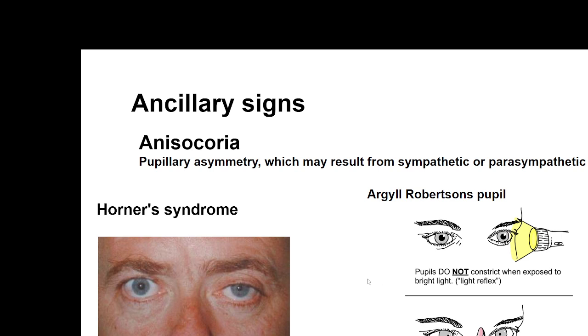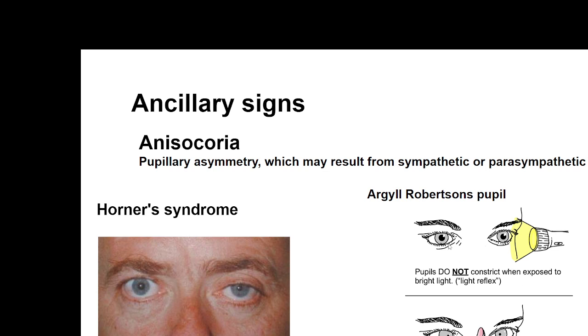A similar situation is where the pupils are unequal in size, and when you expose them to light, there is an unequal response. When you put the light, normally the pupils constrict, which is also called the light reflex.